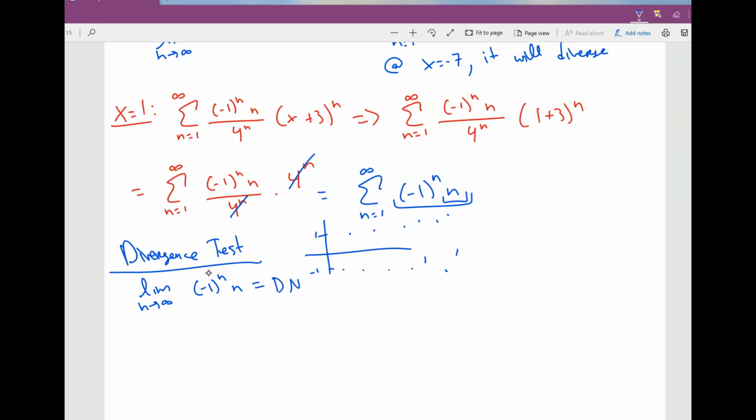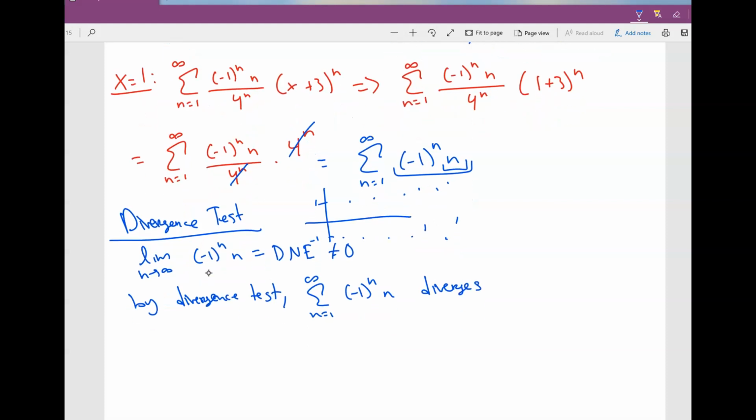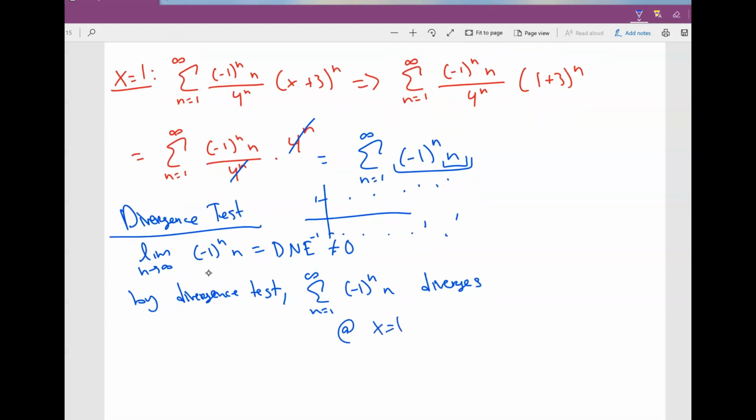So here the limit does not exist. Because this was not equal to 0, by the divergence test, the sum from n goes from 1 to infinity of negative 1 to the n times n diverges. So because it diverges at x equals 1, it will diverge.